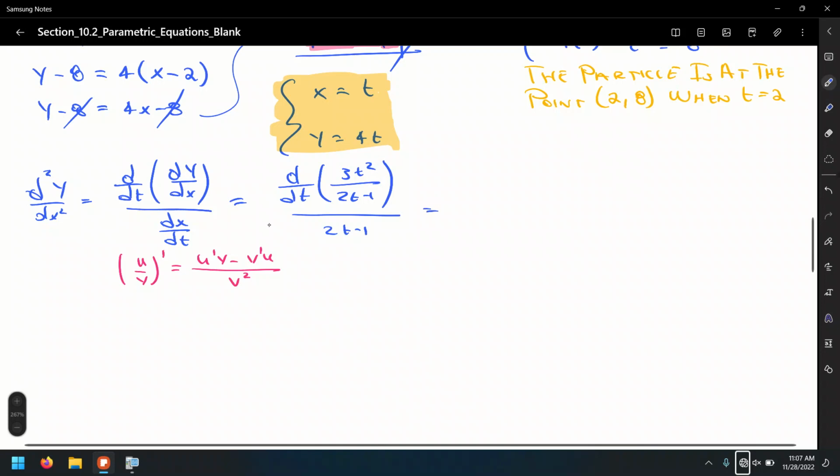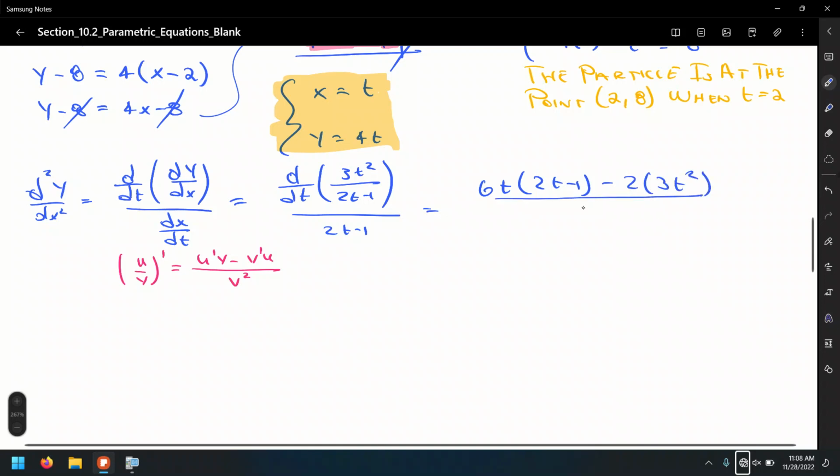And that's going to be the derivative of the numerator. That's a 3t. No, that's a 6t times 2t minus 1, minus the derivative of 2t minus 1, which is 2, times 3t squared.